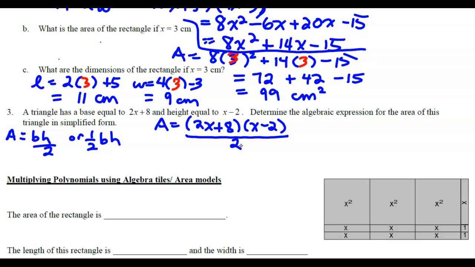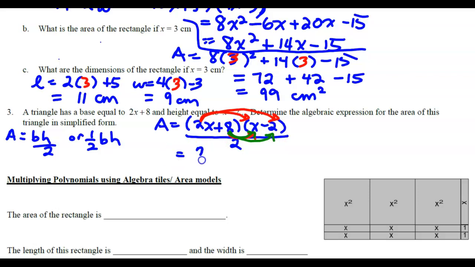F stands for the first terms in each bracket. O stands for the outside terms. I stands for the inside terms. L stands for the last terms. So first, outside, inside, last terms.